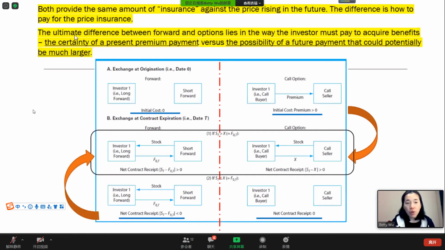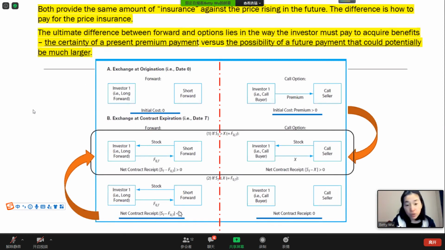Okay, so a total difference between forward and options lies in the way the investor must pay to acquire benefits. So these are the benefits, the price insurance you want to achieve. Either the certainty of the present premium payment, that's certain but usually much smaller, or the possibility of a future payment that could potentially be much larger.